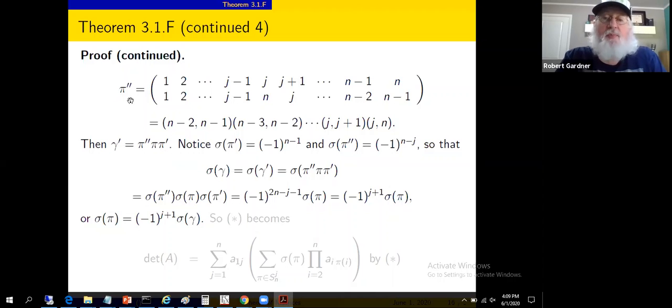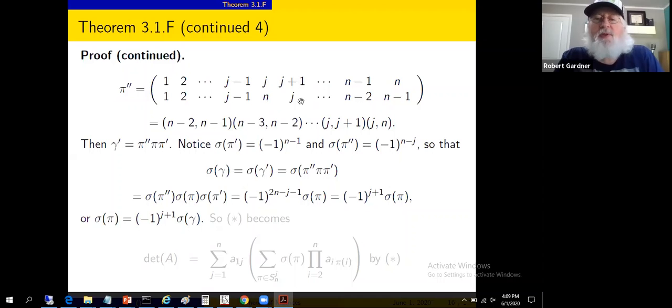The pi double prime was this mapping where we took j to n. I'm going to need to know the sign of it as well. I don't know sigma of pi. I'm going to need to know sigma of gamma prime, and that's going to be related to sigma of pi. That's where we're going on this.